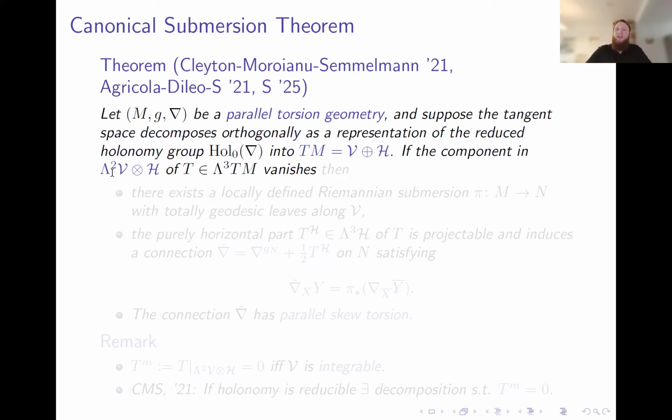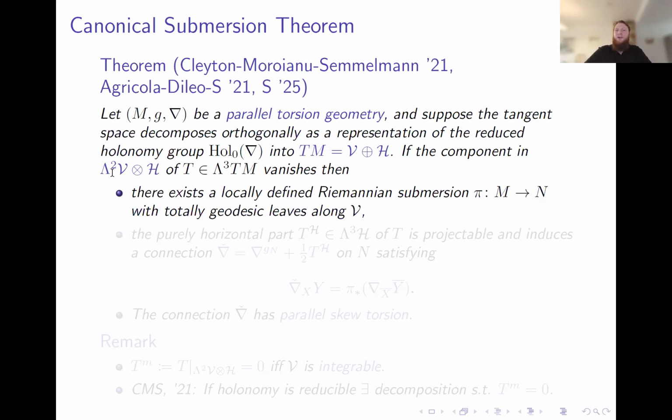And if I have these two conditions, then I obtain a locally defined Riemannian submersion. So I don't get a product, but I at least get a submersion along the vertical distribution.